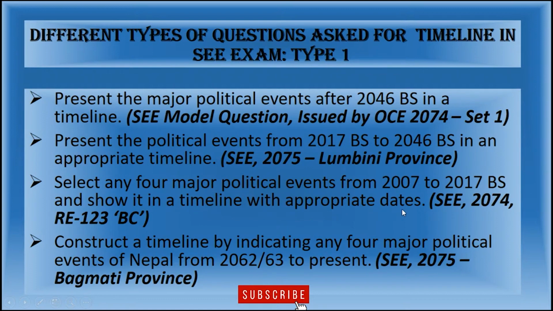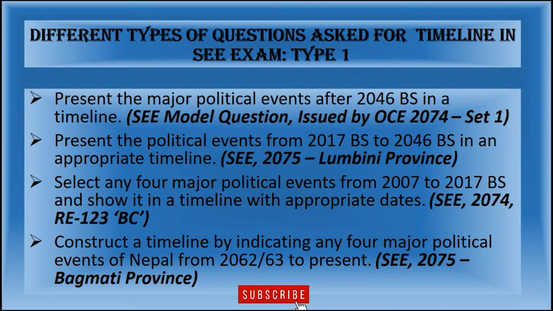So this is the type 1 question. It means in type 1, you have the full choice of selecting the events. You can select any events you like, any event you remember. But inside this there are also two types. One is having free choice of year or full date.